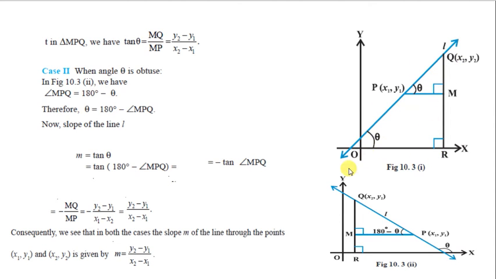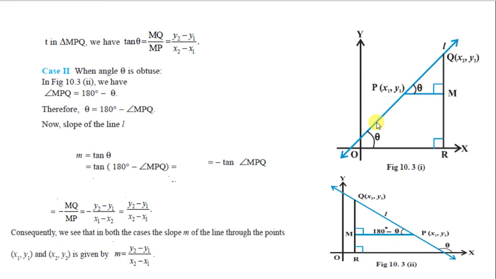Now this distance is x2, and if you draw a perpendicular from P on OX also, then that will be x1. So PM will be x2 minus x1, and QM will be, this whole is y2 and this is your y1, so QM is equal to y2 minus y1.